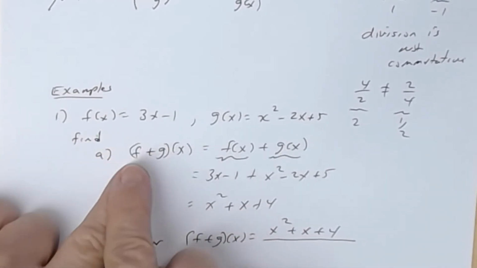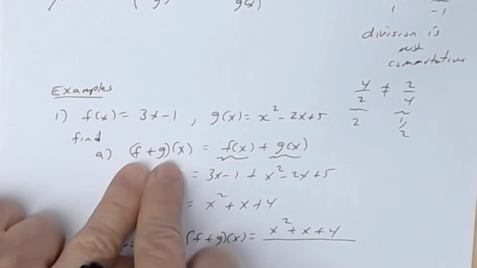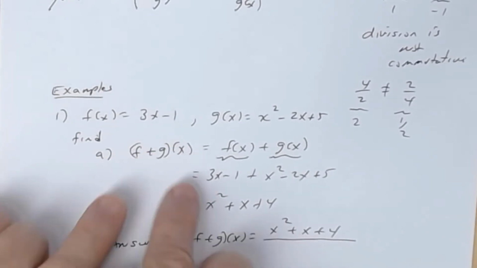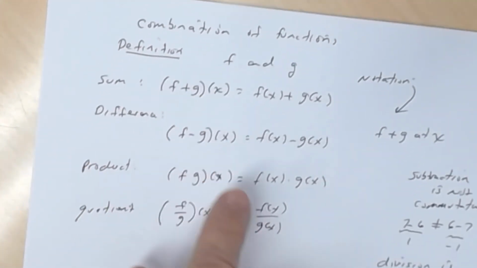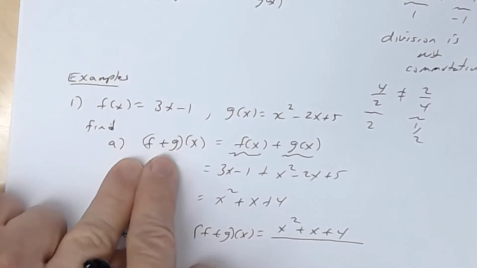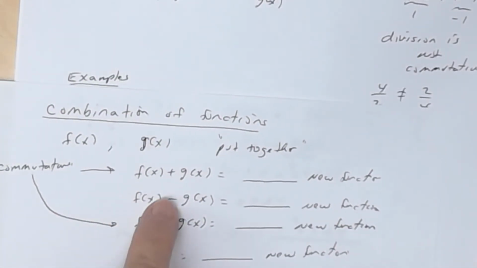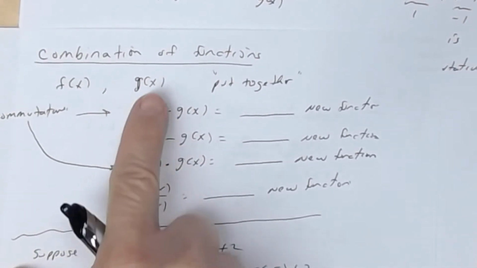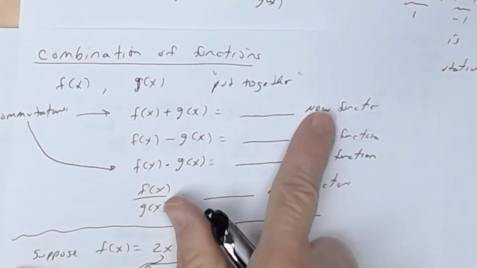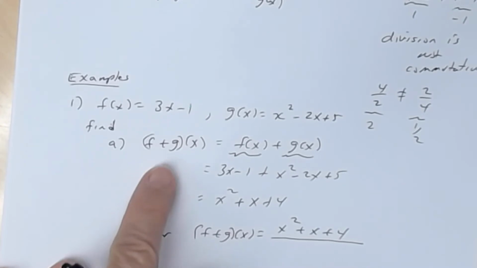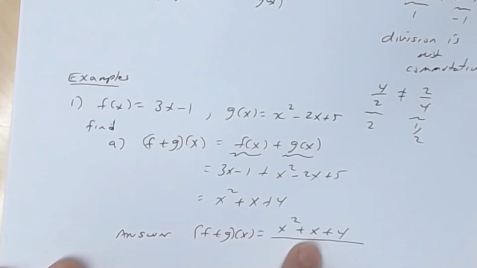When I put them together, in this case when I add them, I get a new function. I'm combining those two functions using one of these operations to get a new function. So f plus g of x is going to be this function.